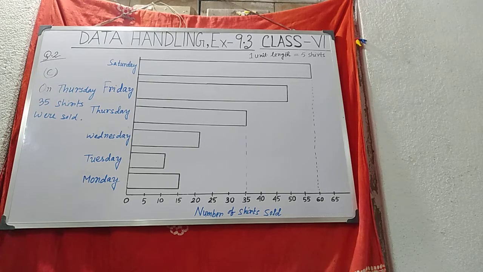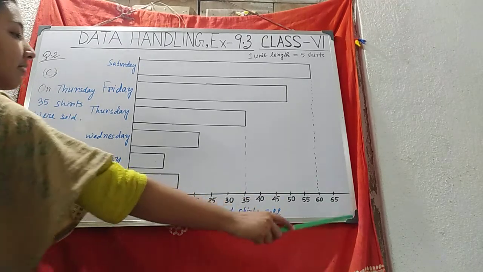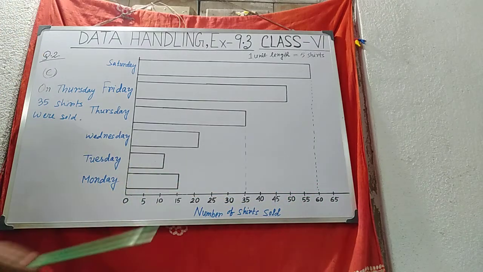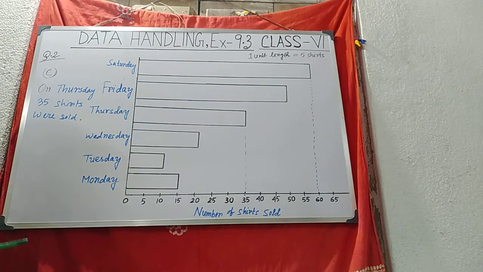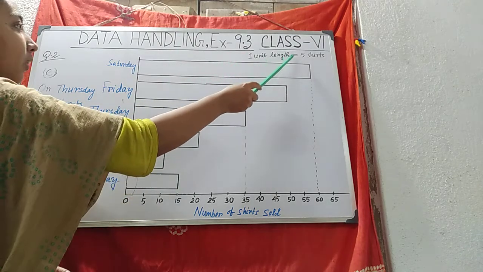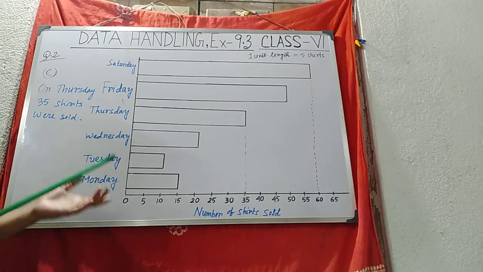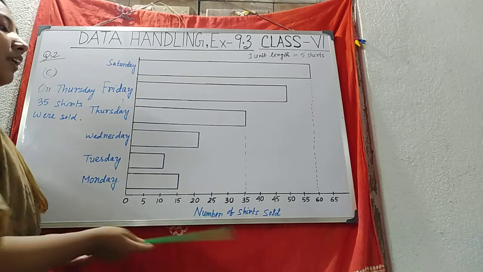Here it is written 1 unit length equals 5 shirts. So our answer will be 1 unit length equals 5 shirts is the scale chosen on the horizontal line for representing number of shirts.